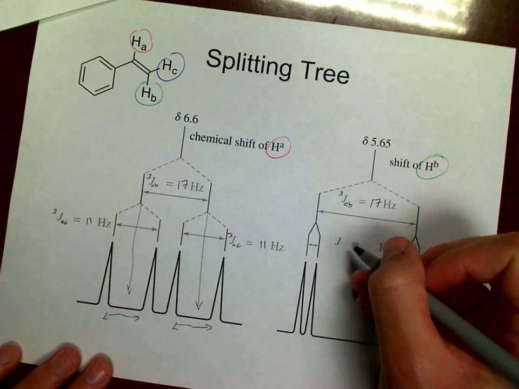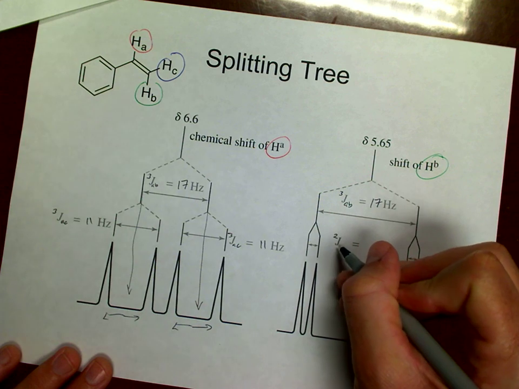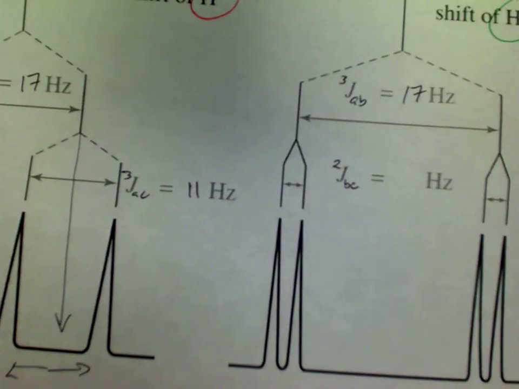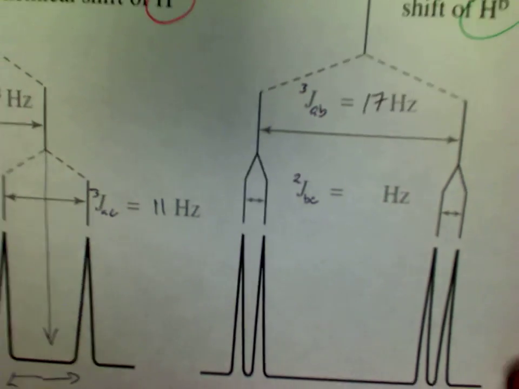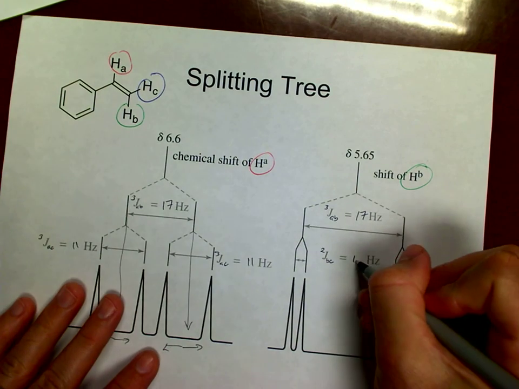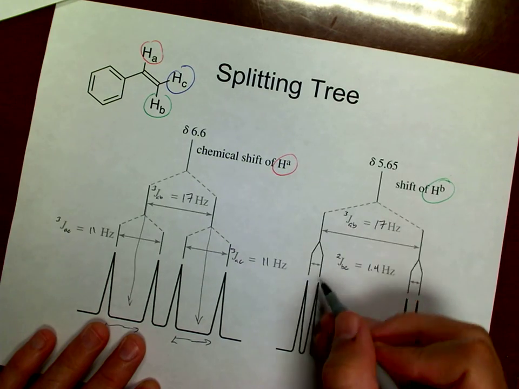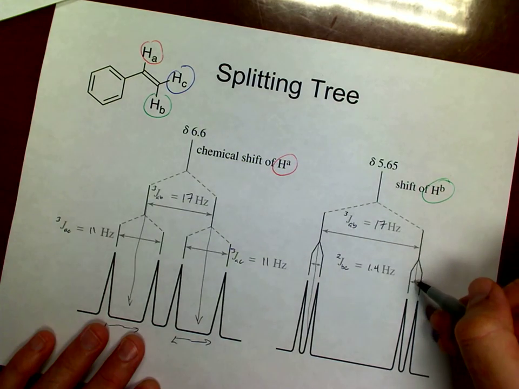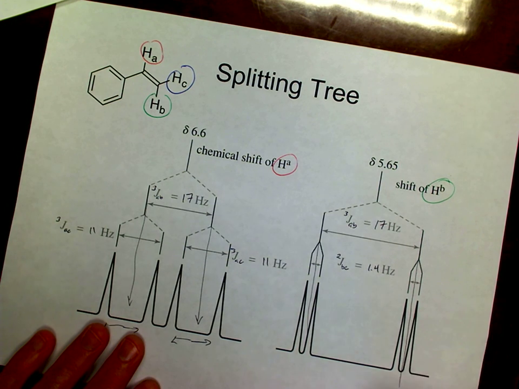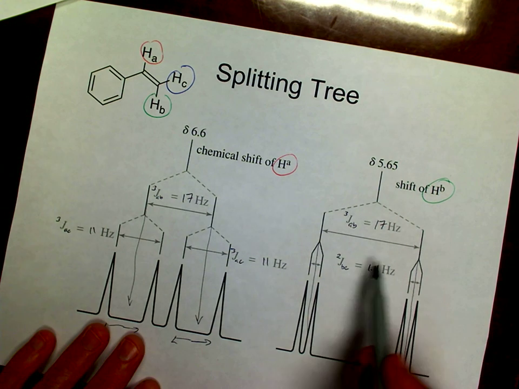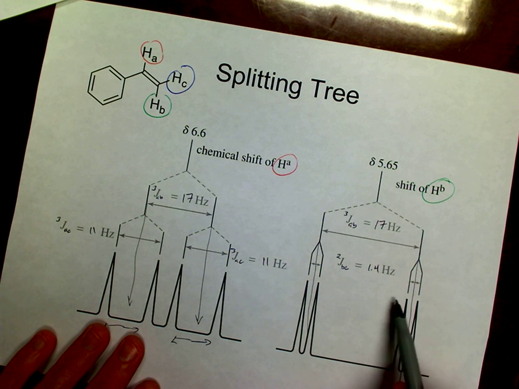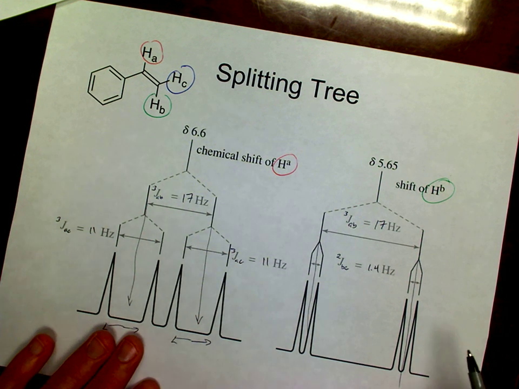The small coupling is the 2-bond coupling of B to C, and that's 1.4 hertz. What would have been just a doublet at 17 hertz, had B only seen A, each of those signals had to split in two because it also saw C, and so it's a doublet of doublets.